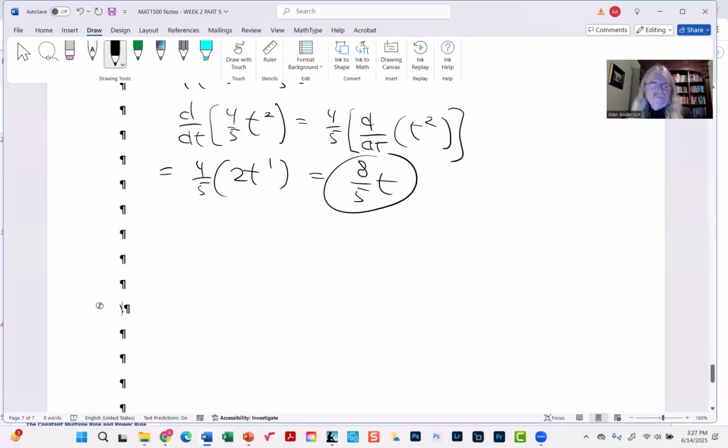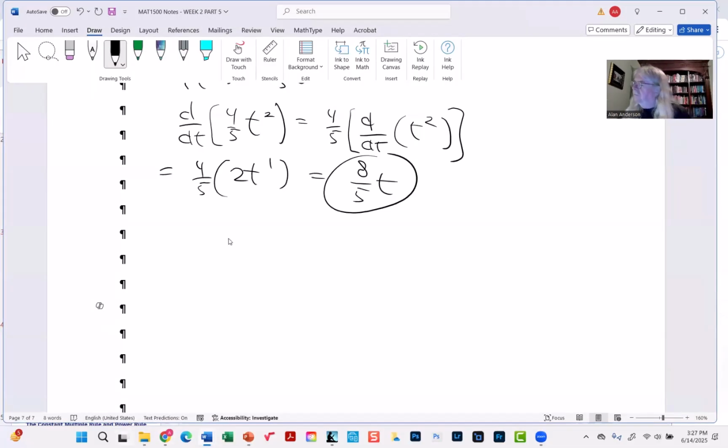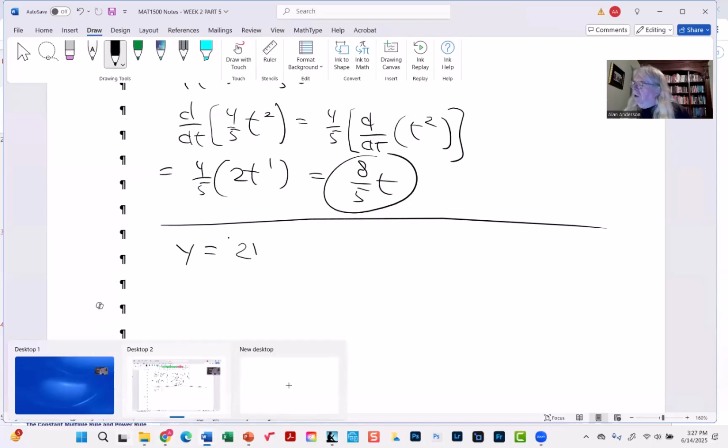Let's try another one. y equals 2 radical x, or in other words, 2x to the 1/2.